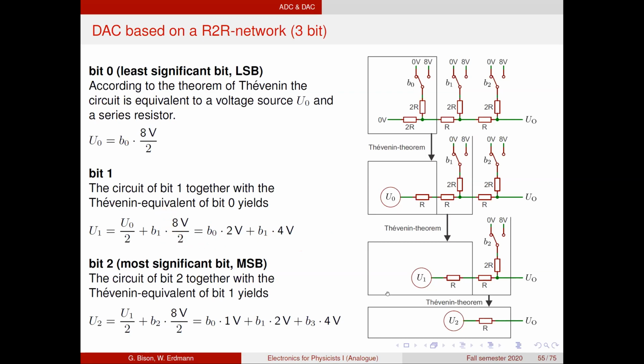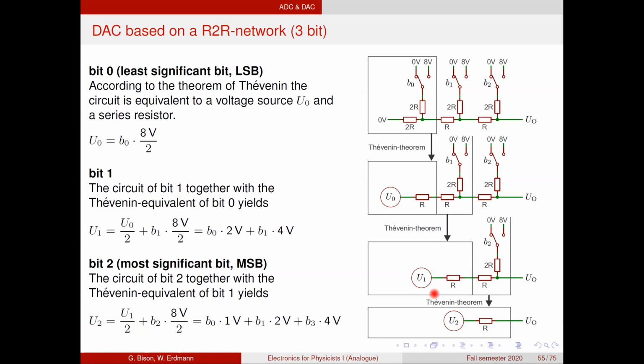And okay, this already looks like we can construct such a binary series. And of course, in the next step, if this is 0 and this is enabled, we get half of the voltage that we had before. So again, the voltage after step 2 is half the voltage of step 1.